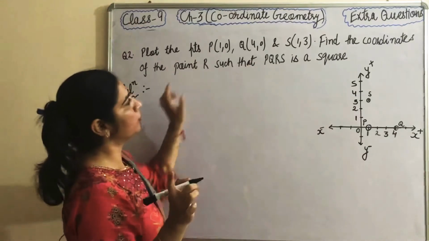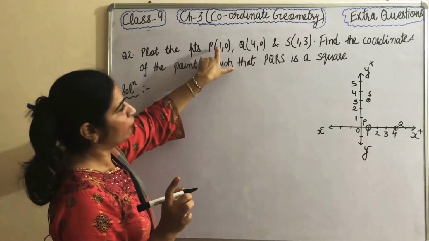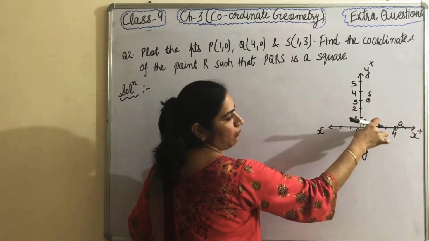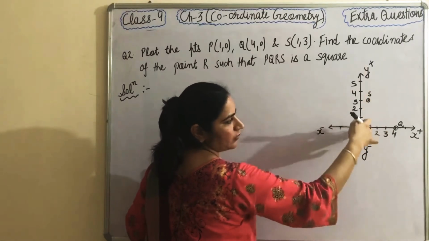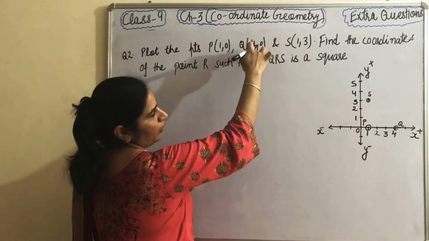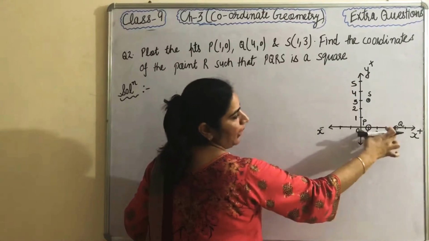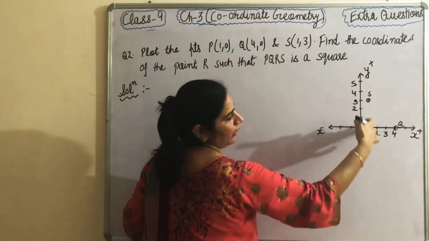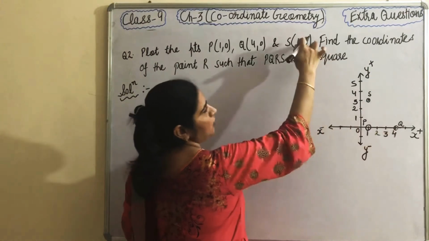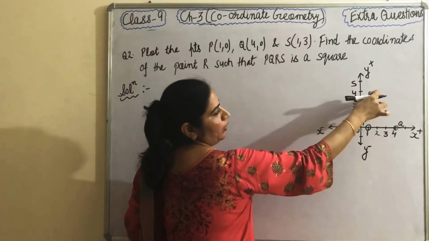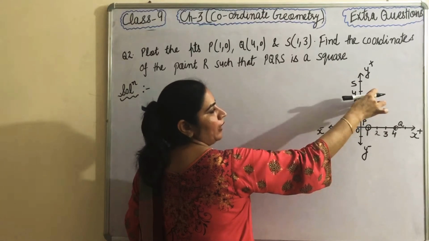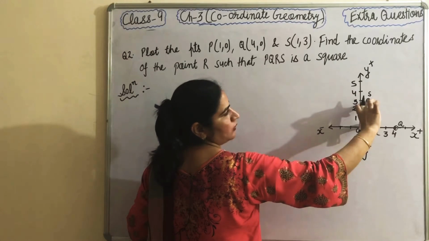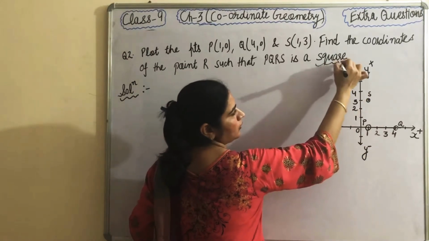One more thing I want to tell you: P is (1, 0), so 1 unit is the perpendicular distance from the y axis. For Q (4, 0), 4 units is the perpendicular distance from the y axis. Next is (1, 3): 1 unit is the perpendicular distance from the y axis, 3 units is the perpendicular distance from the x axis, and the condition is that it is a square.